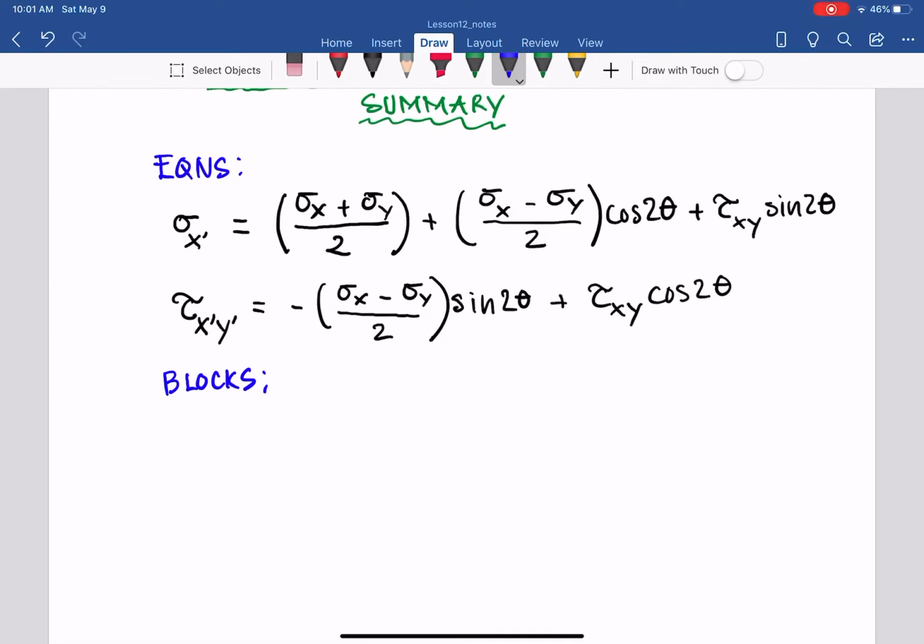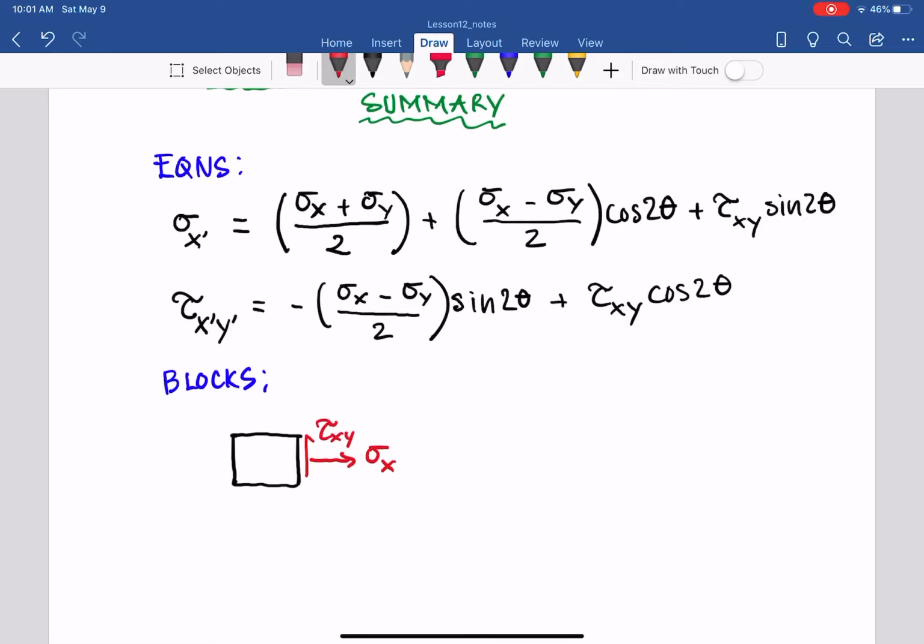With the original block, from a general analysis, general loading, we have the normal stress sigma x, and then we have tau xy.